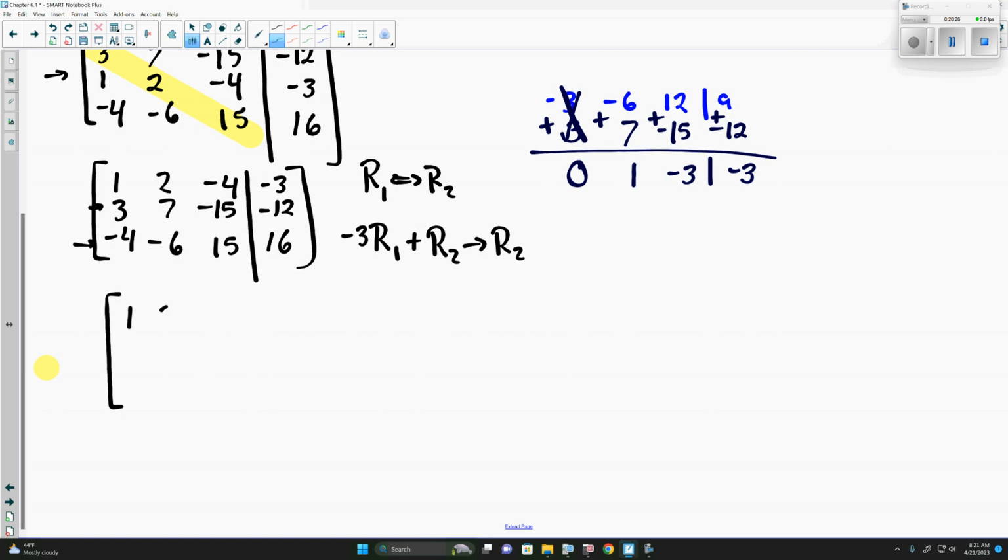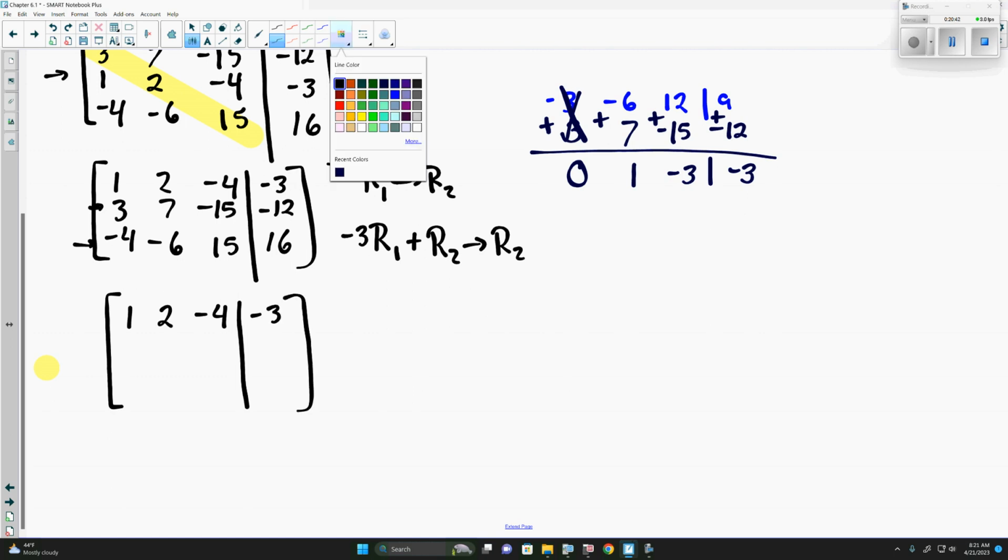So we know for certain we're not going to do anything to row 1 from here on out, because we need it as a diagonal of 1. It's got the 1. Our second row, the one we just changed, is now 0, 1, negative 3, negative 3.